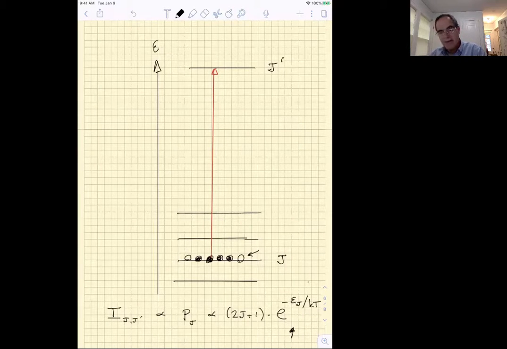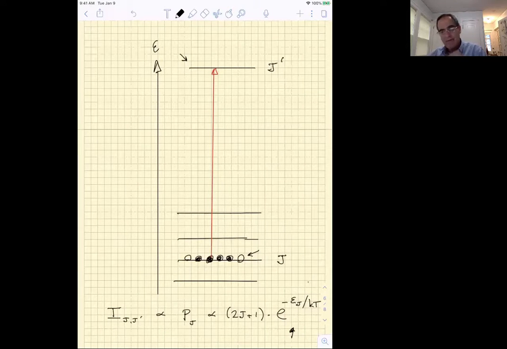Now, if you're thinking very carefully, you might also imagine that the intensity should depend on how many unoccupied states there are in the excited state, because in order to have a transition, the molecule has to go into a previously unoccupied excited state level, okay?